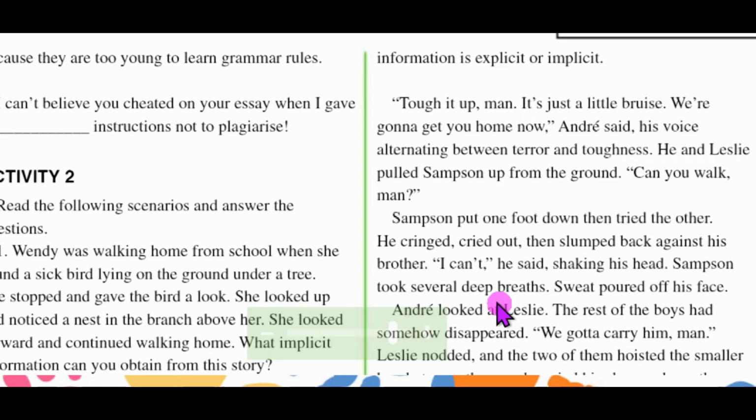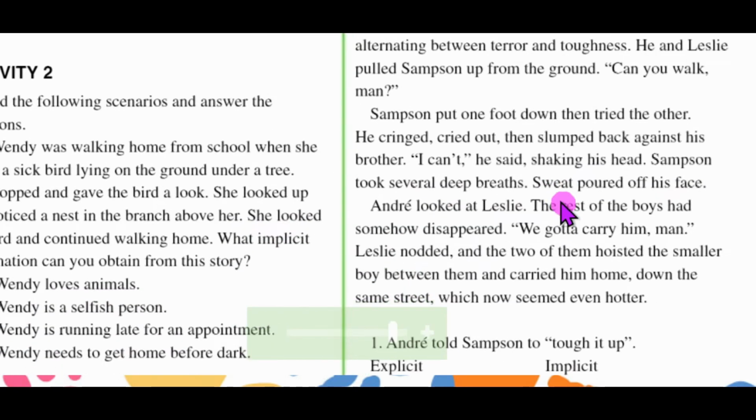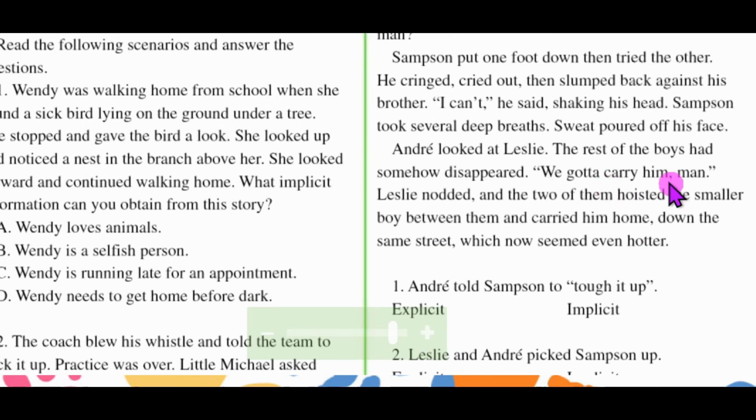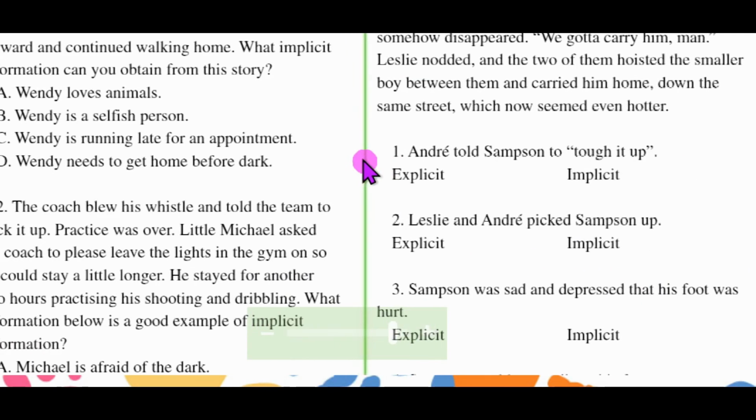Samson took several deep breaths. Sweat poured off his face. Andre looked at Leslie. The rest of the boys had somehow disappeared. We've got to carry him, man, Leslie nodded. And the 2 boys hoisted the smaller boy between them and carried him home, down the same street, which now seemed even hotter.